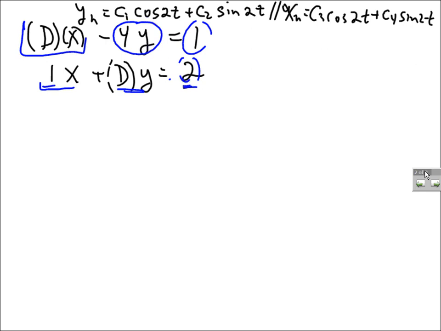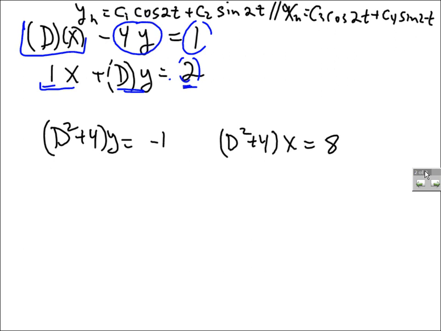In fact, one of our equations earlier was d squared plus 4 on y equals negative 1. And for the record, the other one was d squared plus 4 on x is 8. So let's work with the first one.